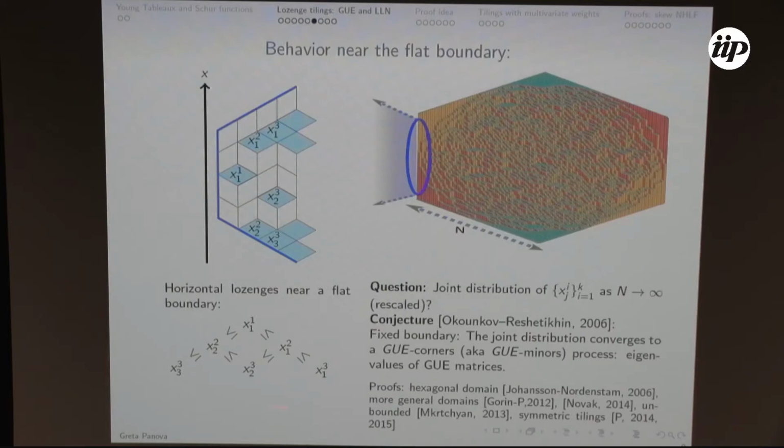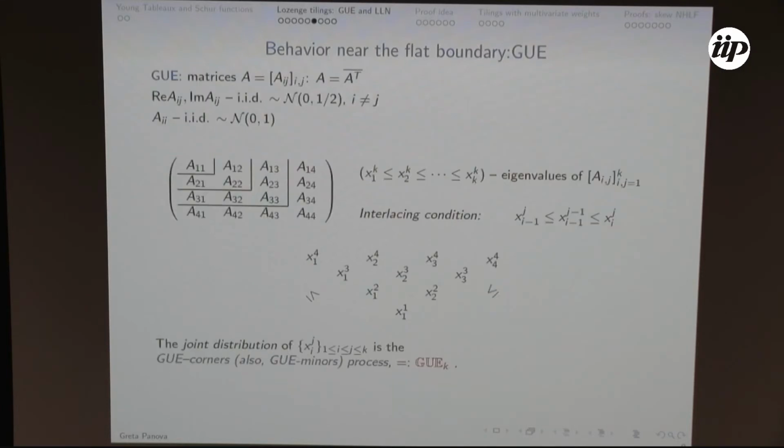All these numbers, what is their joint probability distribution? It turns out that as we rescale accordingly and let the domain size m go to infinity, the joint distribution converges to what's called the GUE corners process, which I will define in a moment. So what is the GUE corners process?